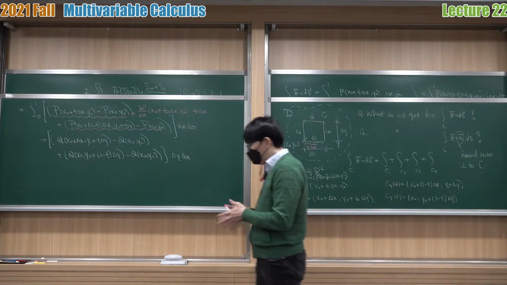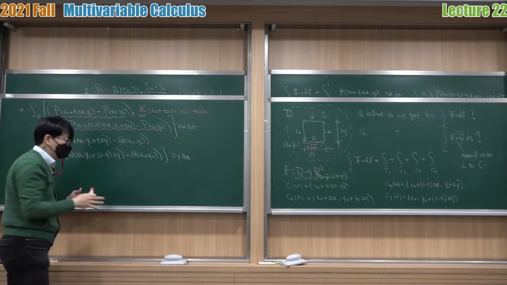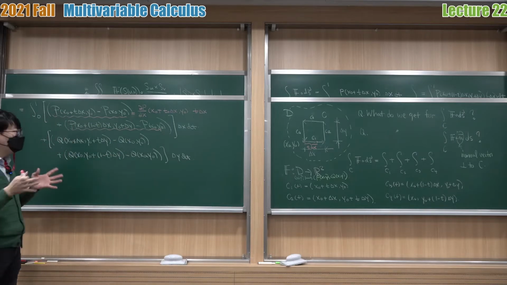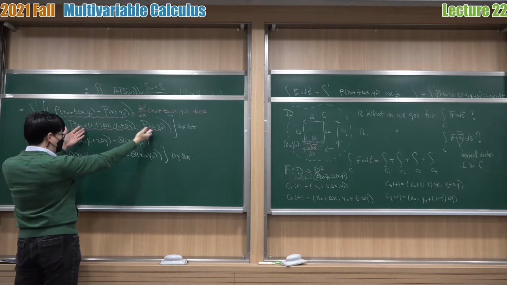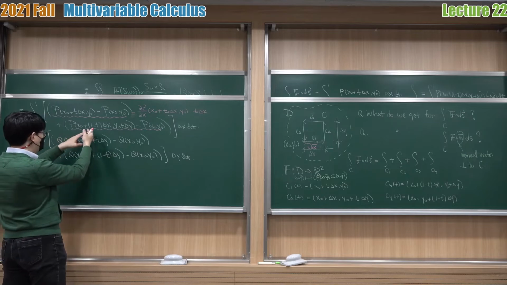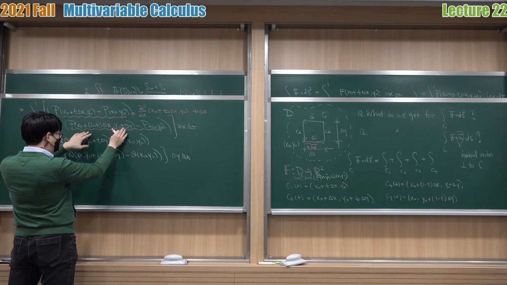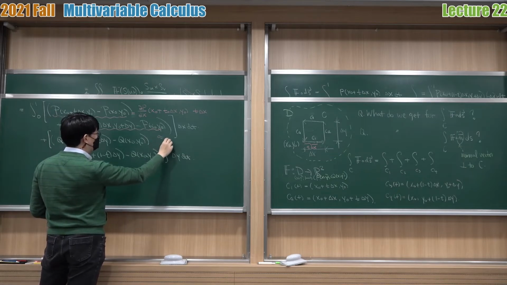I'm not going to make a detailed argument, but let's assume that delta y is very small, so it's almost equal to y0. So I can approximate this difference between the values of p as the value of p on fixed y but different x.